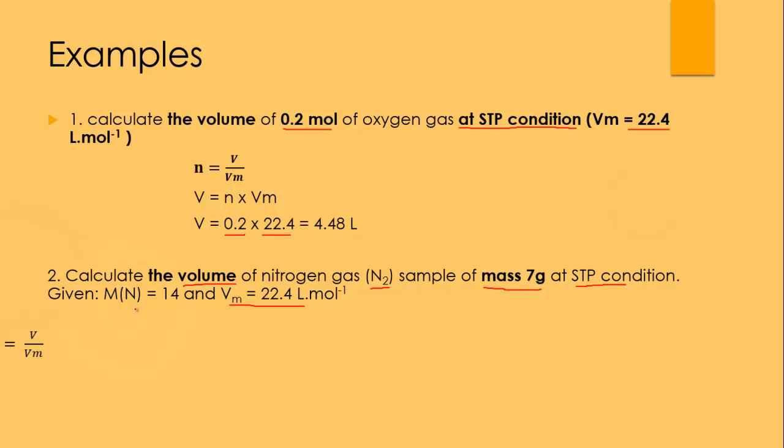That is n equal mass over molar mass, and the mass is given, and we use the molar mass of nitrogen. After calculating the number of moles of nitrogen, we can calculate the volume from the relation n equal V over Vm. We solve it in two steps.